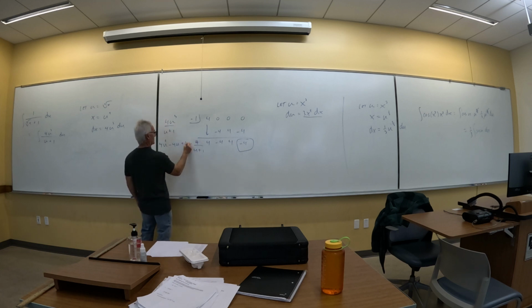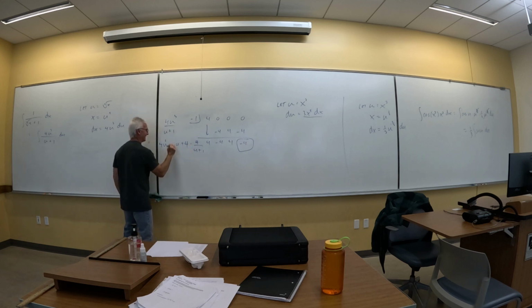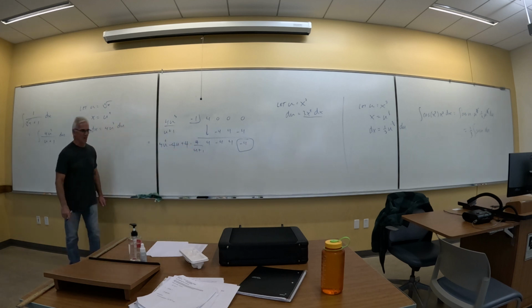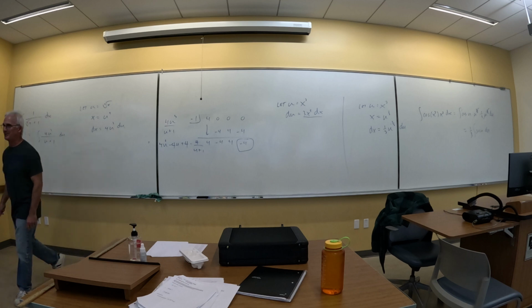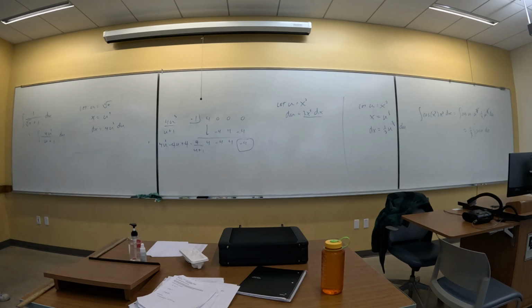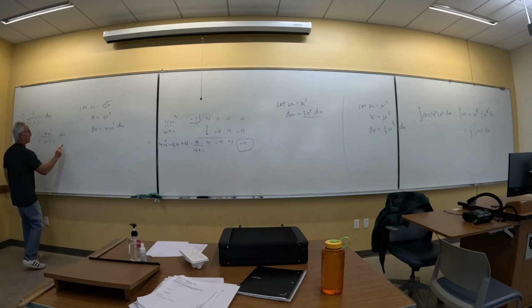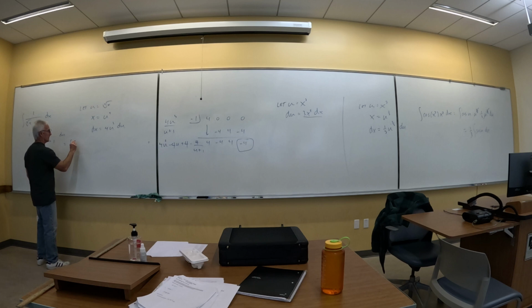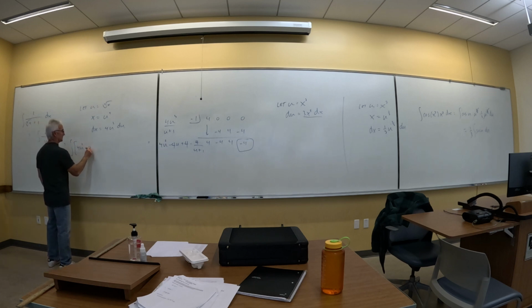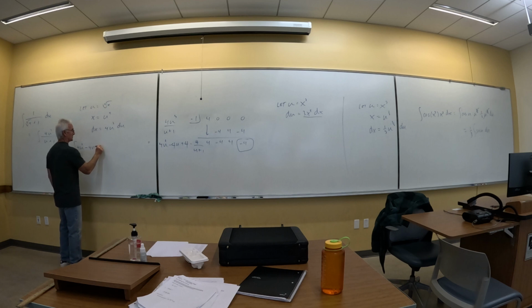My fours are, I know, it's bad. My fours and my u's start becoming indistinguishable. So far, so good? I have to do this off to the side because I cannot integrate this as stated, but the new problem I'm about to integrate, 4u squared minus 4u plus 4 minus 4 over u plus 1.